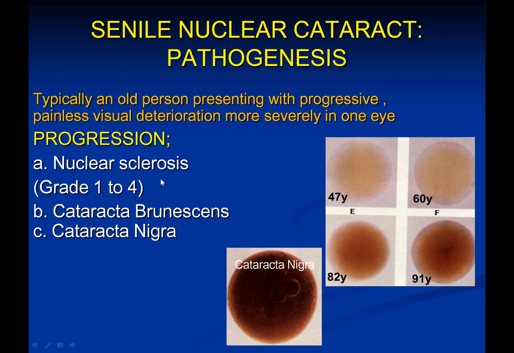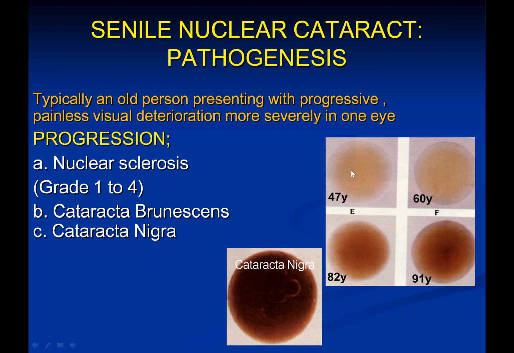As you see, nuclear sclerosis means increased density of the nucleus due to increasing laying down of cortical fibers by the cells at the epithelium of the lens, and they keep on increasing all along life. As you see here in this portion, this is early cataract that develops in middle age.